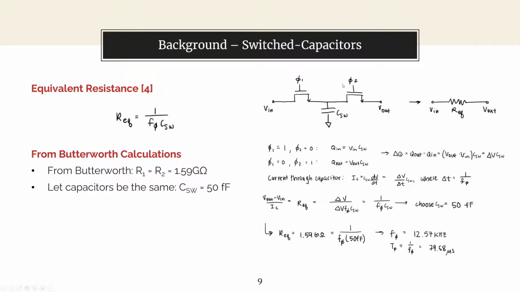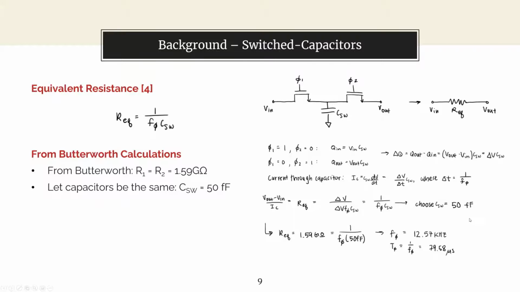And for the opposite scenario, the charge is equal to Vout times capacitance. So the change in the charge is equal to the change in the voltage times the capacitance. And then using the formula for the current through a capacitor, the equivalent resistance can be defined in terms of the clock frequency and the capacitor capacitance.